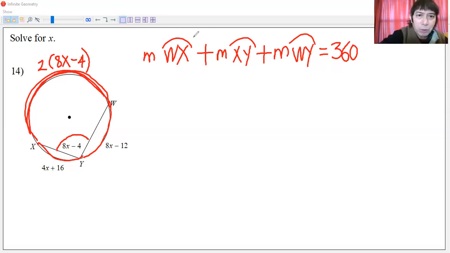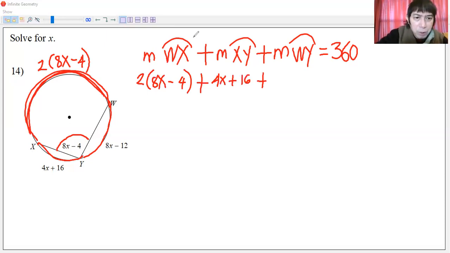Plus our arc XY, which is 4x plus 16, plus our arc WY, which is 8x minus 12, and that is one full circle there. All right, solve for x.